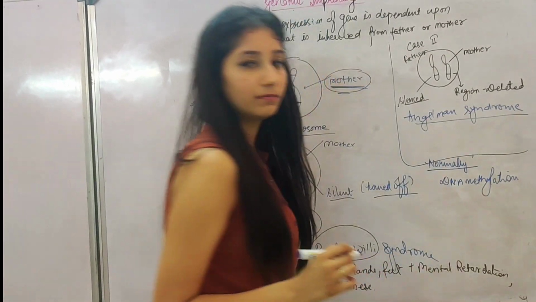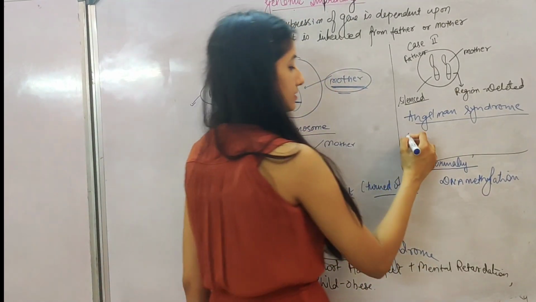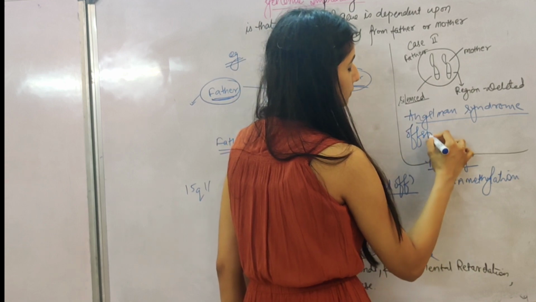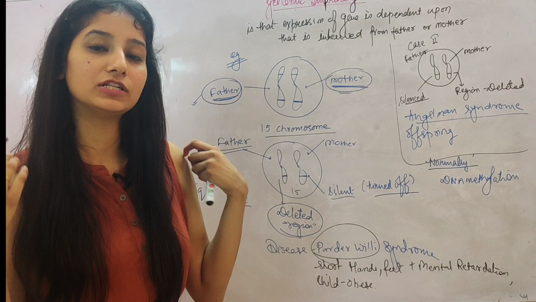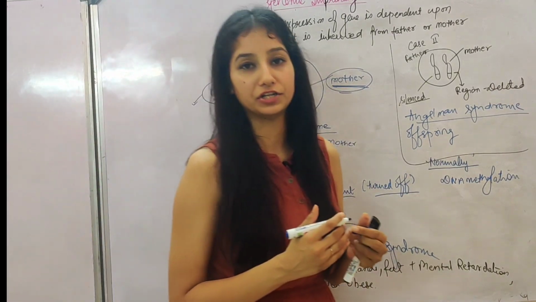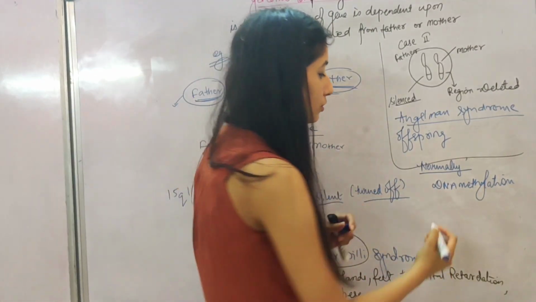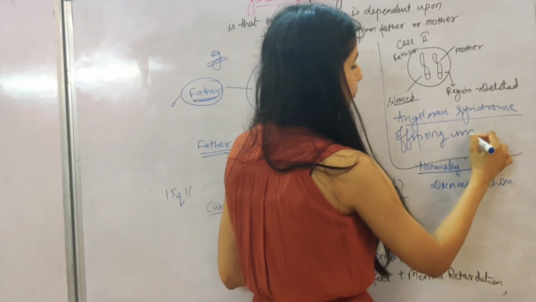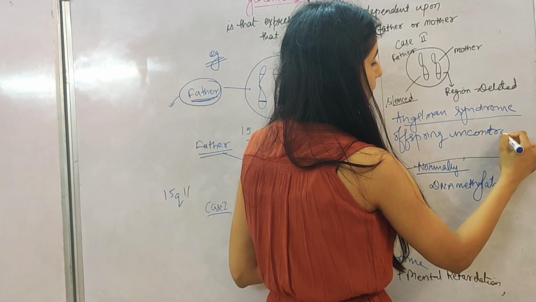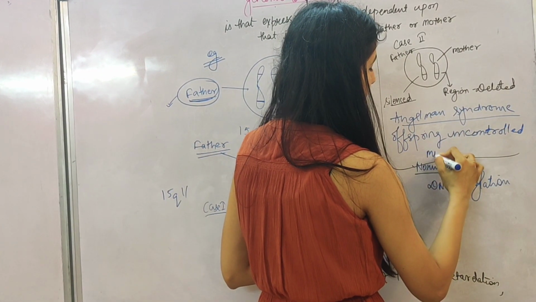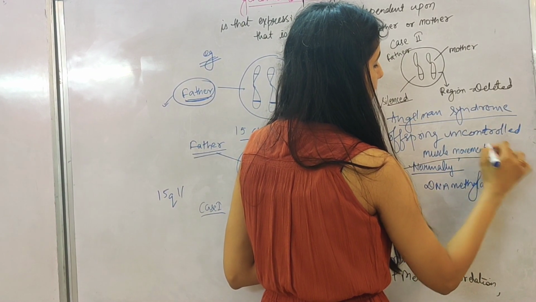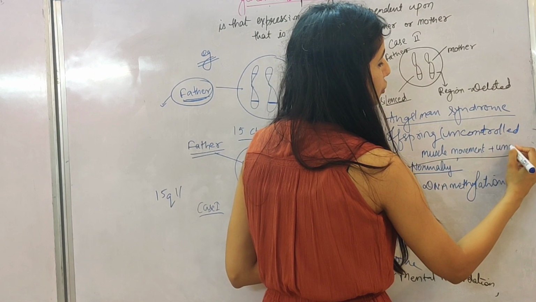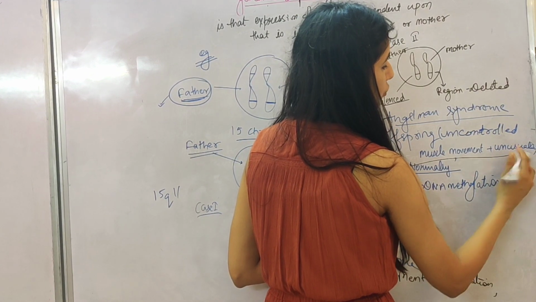In this Angelman syndrome, the offspring will not show these kinds of conditions. The offspring will show other conditions: uncontrolled muscle movement, plus an unusually large mouth.